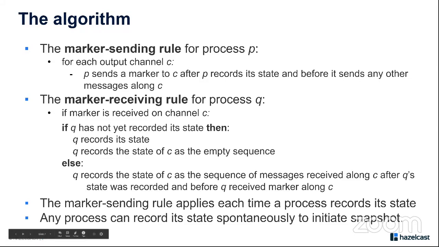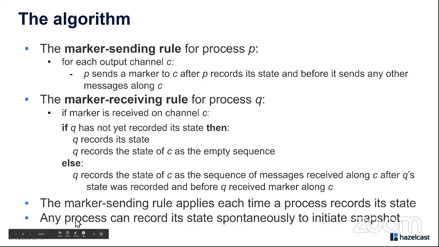One more note is that the marker sending rule applies each time a process records its state. So not only initially, but each time the process records its state, maybe based on a marker or maybe spontaneously, it is required to send the marker to all its output channels.